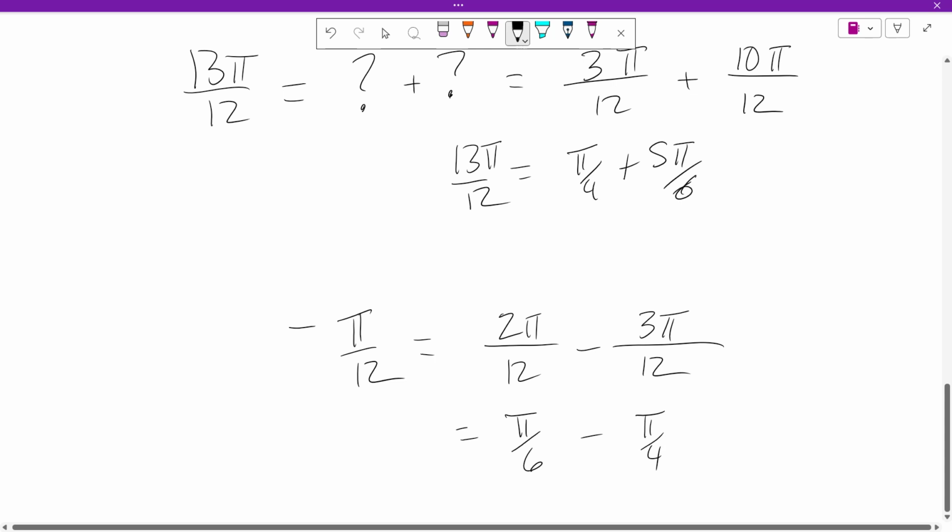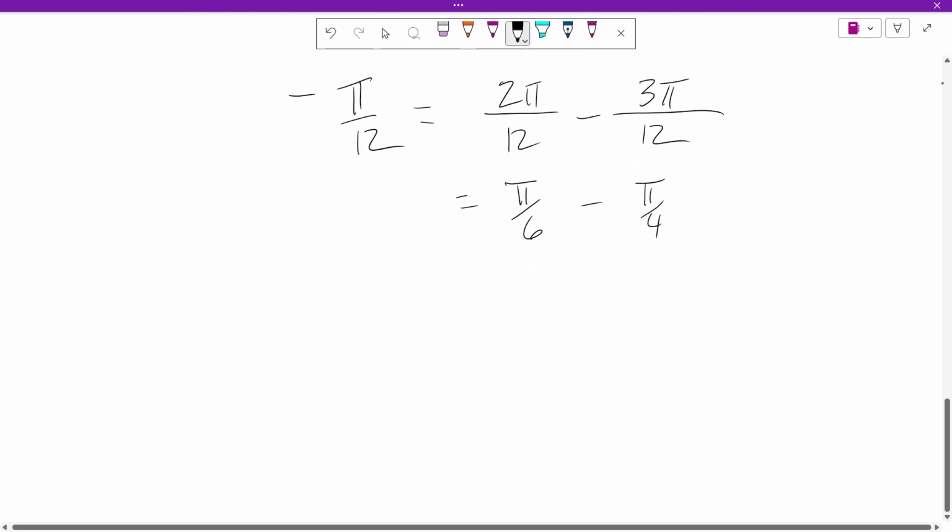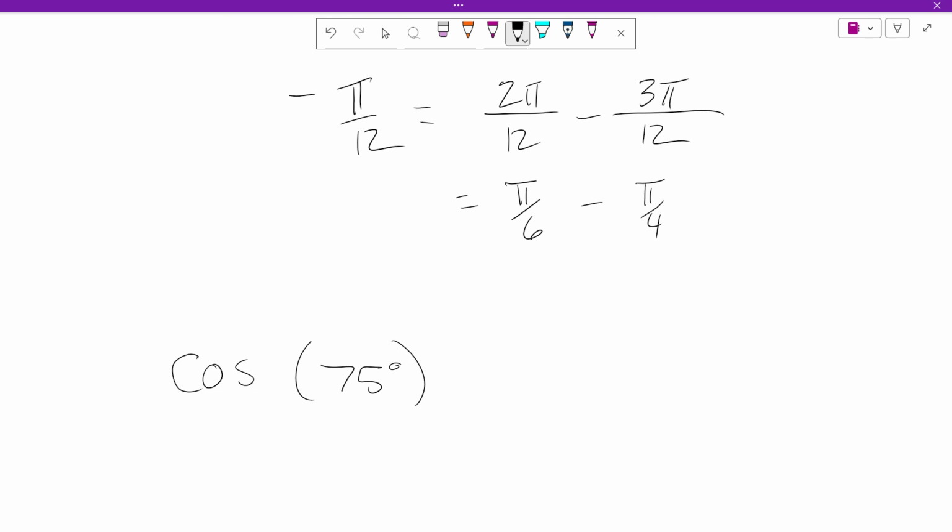Okay, how are we going to use this information? Well, we're going to use this information to figure out what the cosine of something like 75 degrees is. Now, 75 degrees on your unit circle? Sure isn't. But are there two numbers that make 75 degrees on your unit circle? 30 and 45.